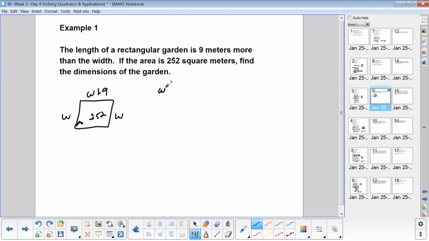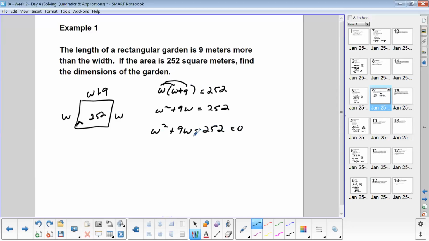So what you have is W, length times width, equals the area. So you're going to get W squared plus 9W equals 252 after you distribute. And so I want to subtract the 252, and that's going to give me equal to 0.